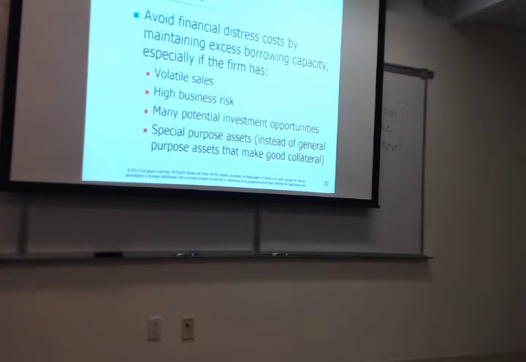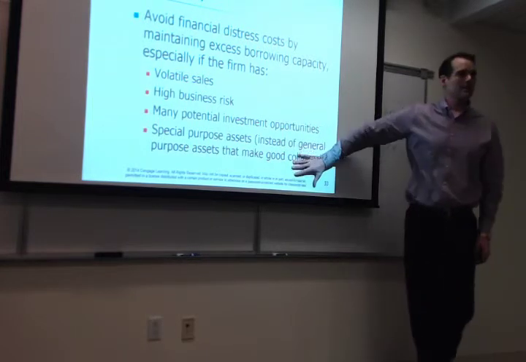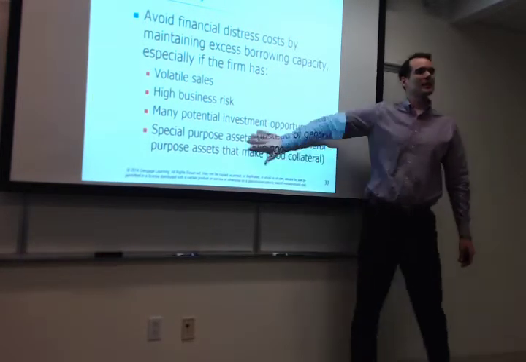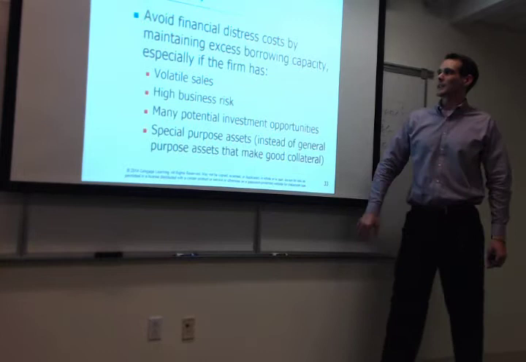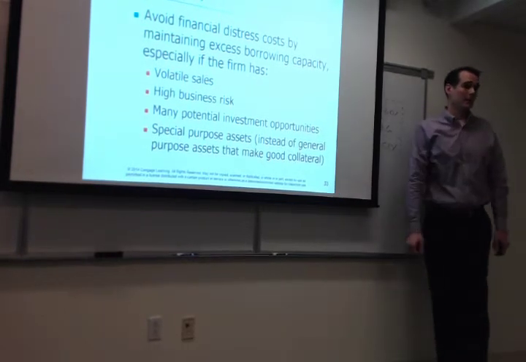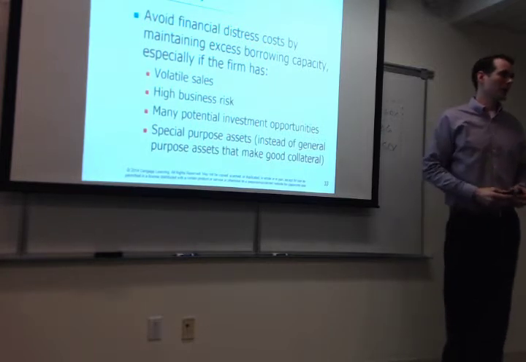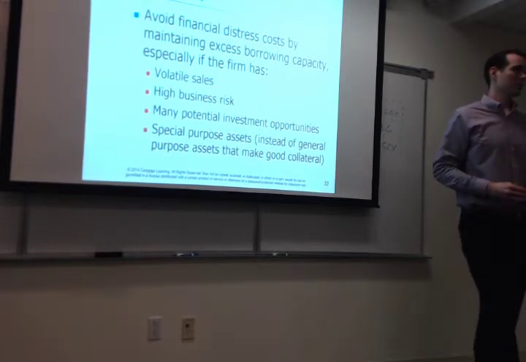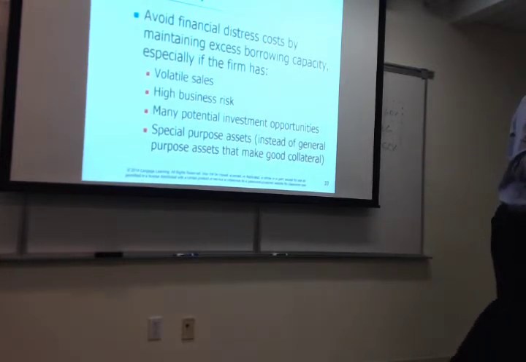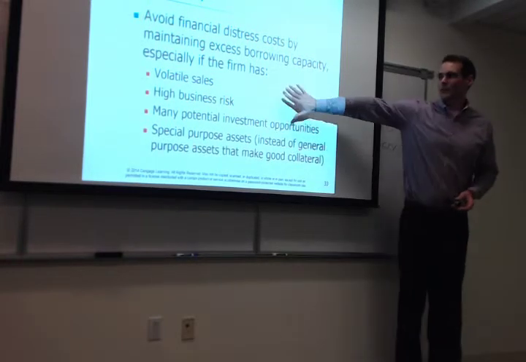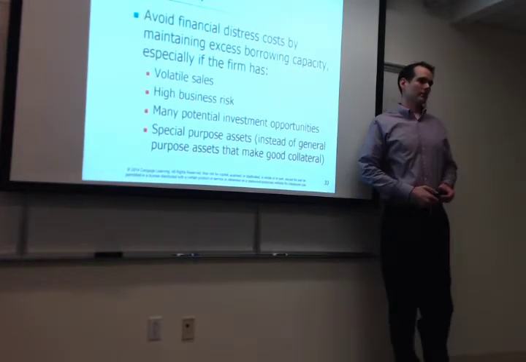So this has to do with the amount of risk that a company might be facing, just as in the last slide. If they're a risky firm, then we're going to tell them you better maintain some borrowing capacity. You do not want to put yourself in a situation where you're going to have to issue equity and issue new stocks in a potentially very risky, volatile environment.